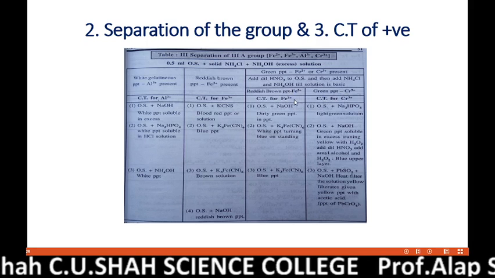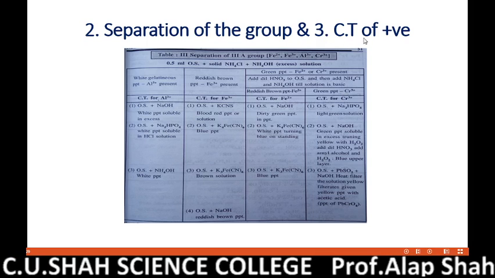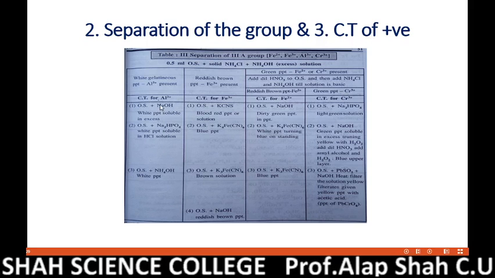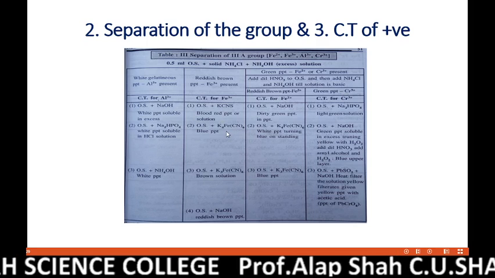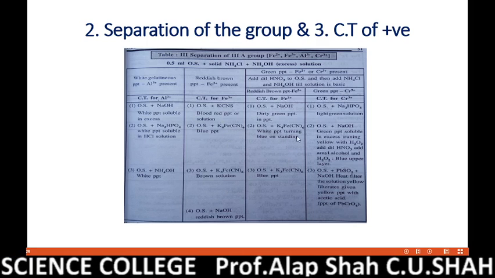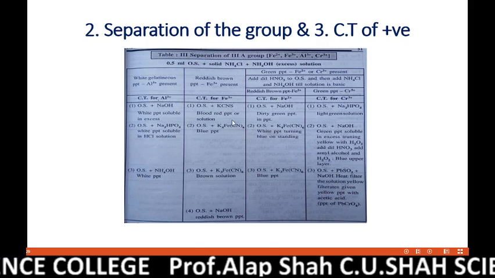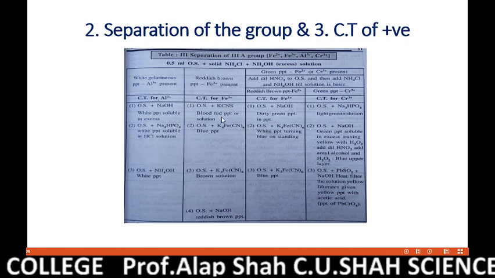Once the positive ion is identified, you should go for the confirmative test, which is given underneath. If aluminum is present, then perform these tests. For ferrous, ferric, and chromium, perform these tests. Whichever test you perform, you have to write its equations.